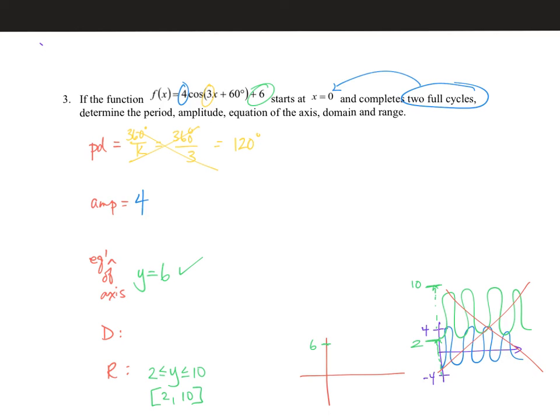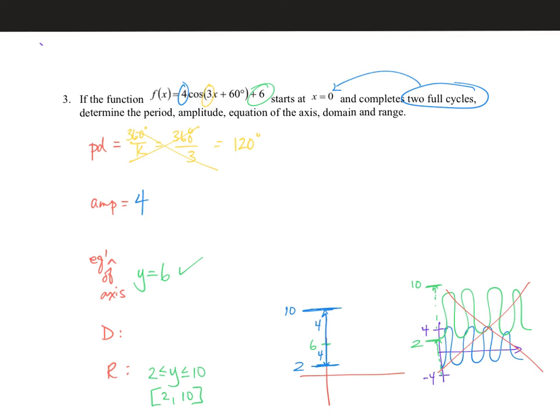Now if I use my amplitude, that is my vertical stretch, I know that my graph must exist 4 above the middle and 4 down from the middle. And that allows me to arrive at my maximum value of 10 and my minimum value of 2 fairly easily. So that is something to consider as you're trying to determine range.